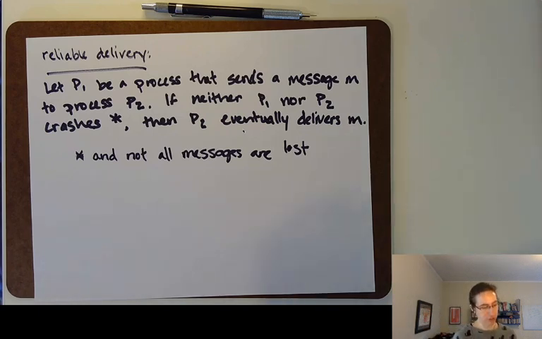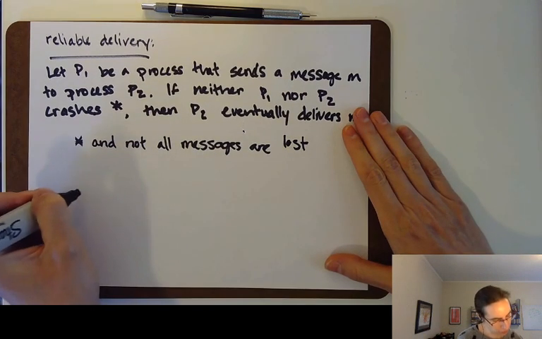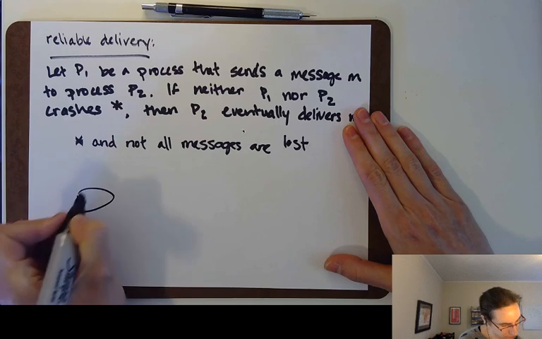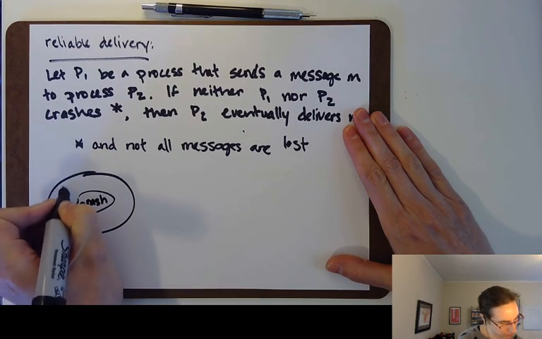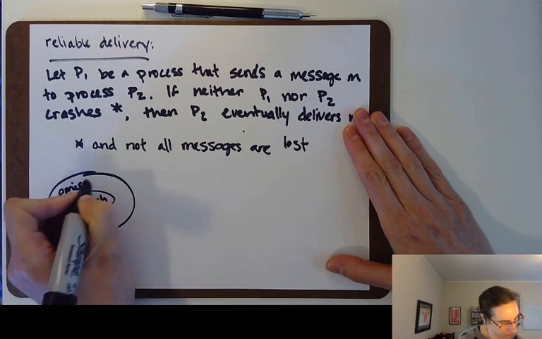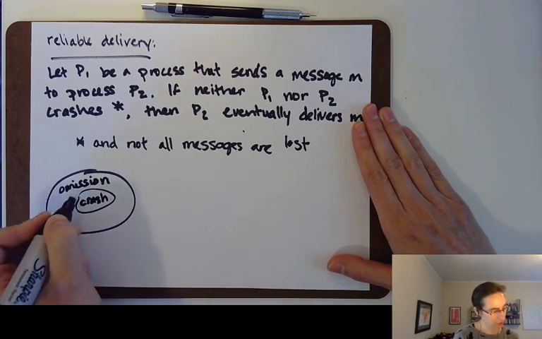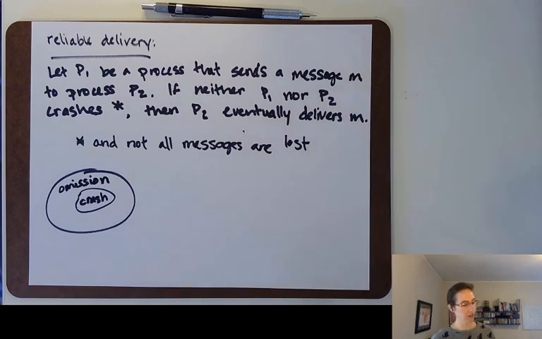So I would say the omission model is more realistic because the omission model, recall the crash model, recall that crash failures are a subset of omission failures. So if we handle omission failures, then we're handling crash failures as well.